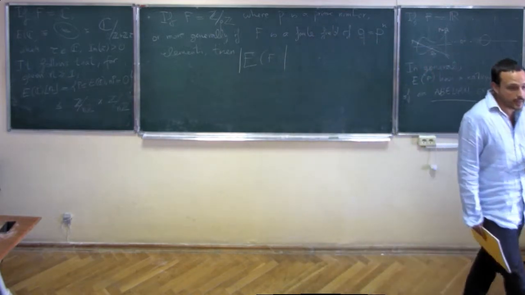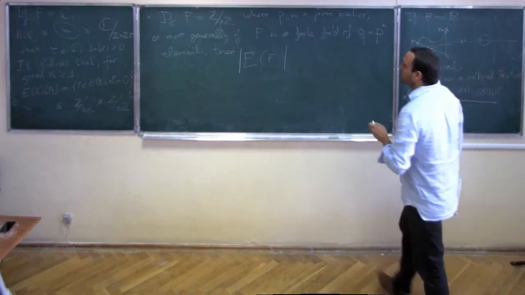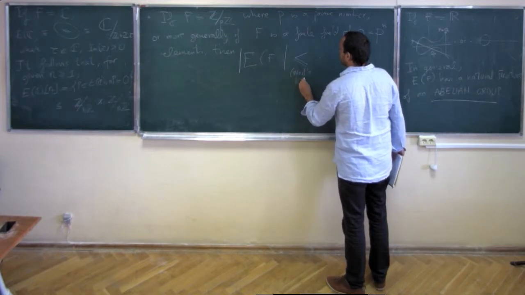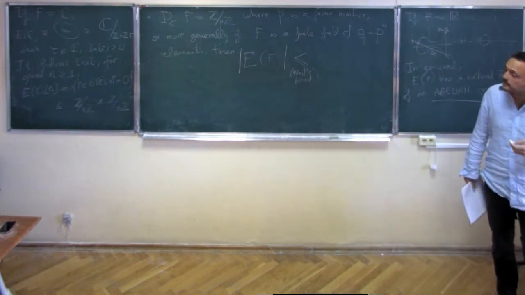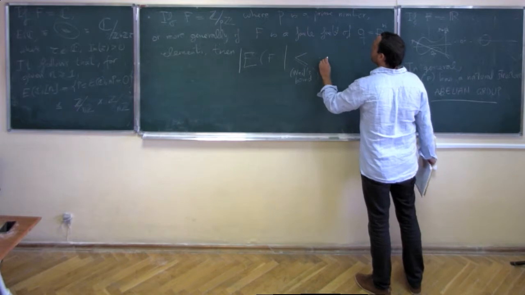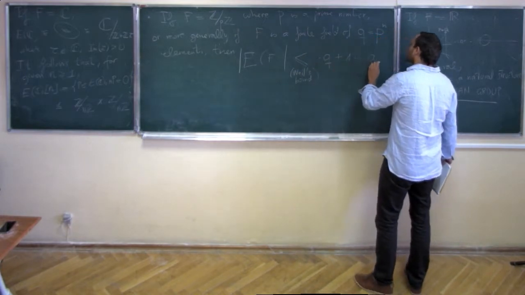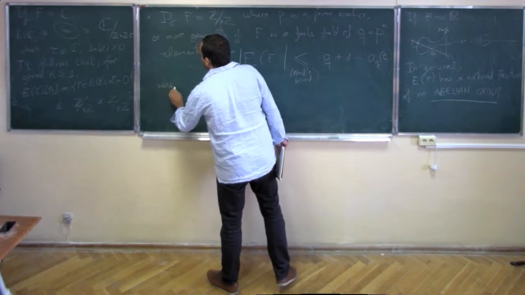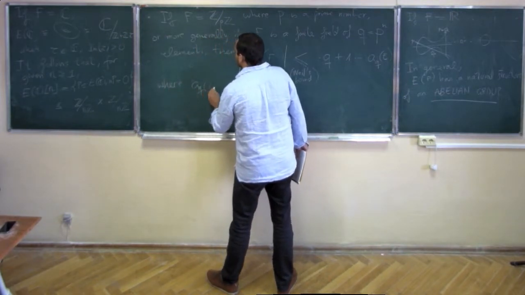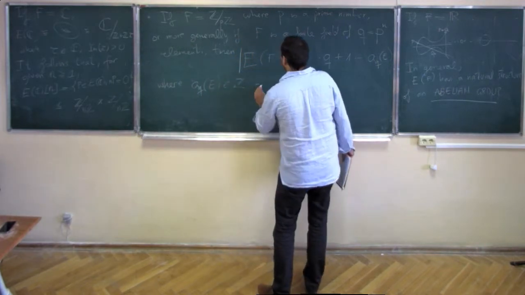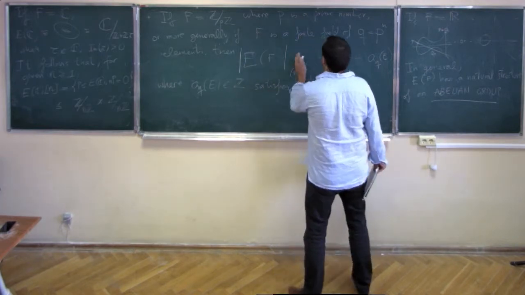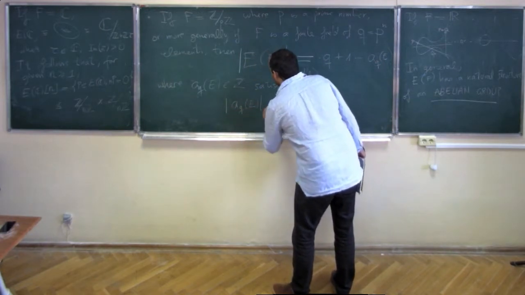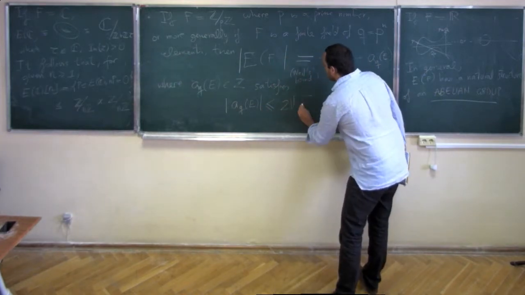this is an abelian group which is finite, and its cardinality can be bounded, and there is a famous theorem due to Weil, known as Weil's bound, which asserts that the cardinality, the number of rational points, is q plus 1 minus an integer, which I will call a_q or a_p, where this integer satisfies, let me put here the inequality, that its absolute value is less than or equal to 2 times the square root of q.